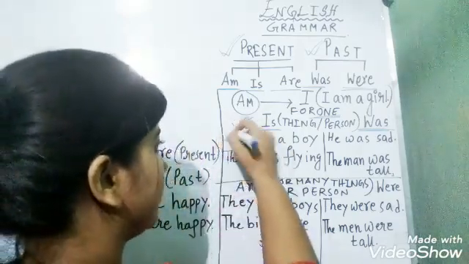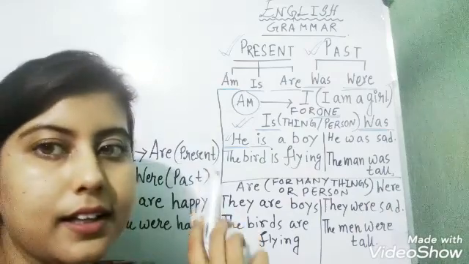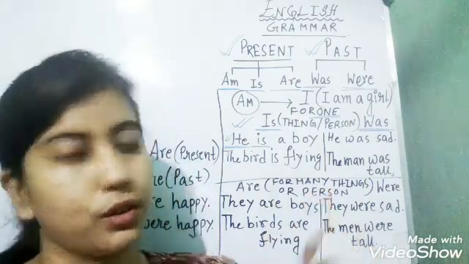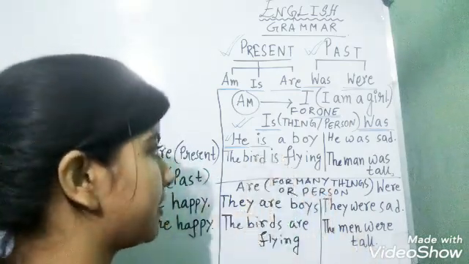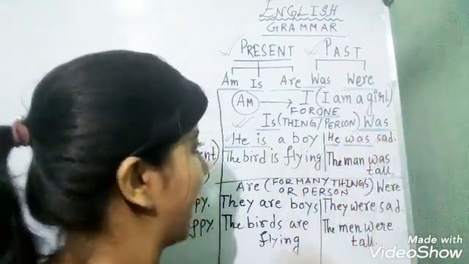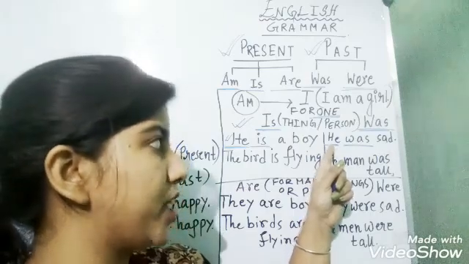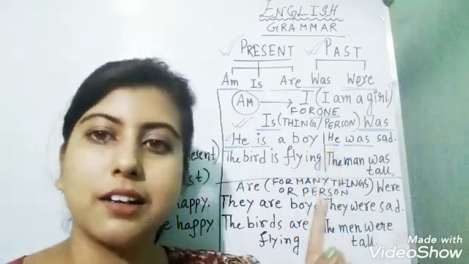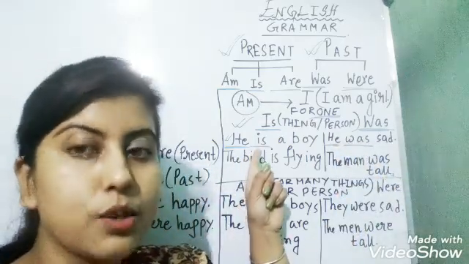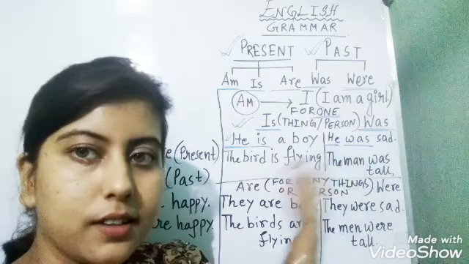I have written, he is a boy. With the word he, we are denoting one single person, so we will use is. And I have written here, he was sad. This line has been written in past tense, and here the subject, he, denotes a single person, so we will use was. In the present tense, we will use is, and in the past tense, we will use was.